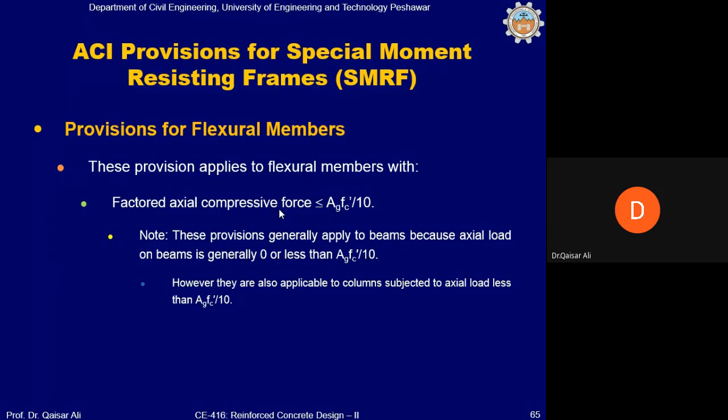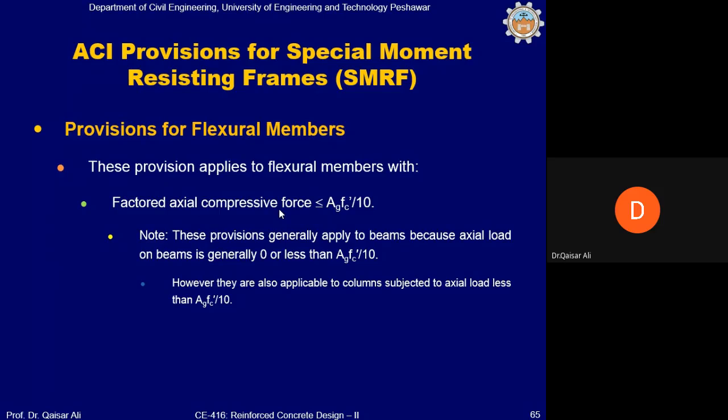However, sometimes there may be columns in low-rise structures, especially where the load on columns is coming from lightweight steel trusses. In that situation, even a column can have an axial compressive load from the analysis that is less than 10% of its axial load carrying capacity. So for those columns, these provisions also apply.